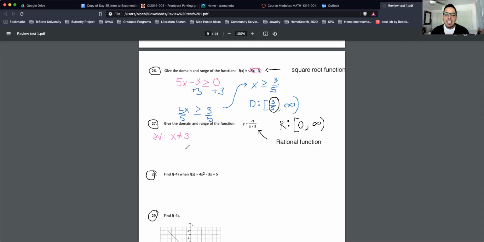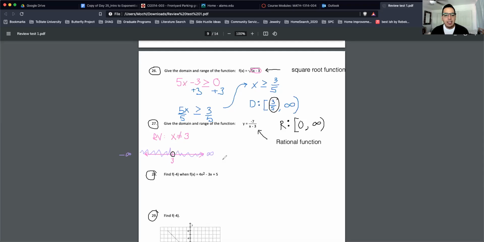So since that is restricted, you could think about our x-axis as the domain of our function. And since we cannot have 3 in our domain, that means that the domain consists of everything to the left of 3 all the way to -infinity, and everything to the right of 3 all the way to +infinity.